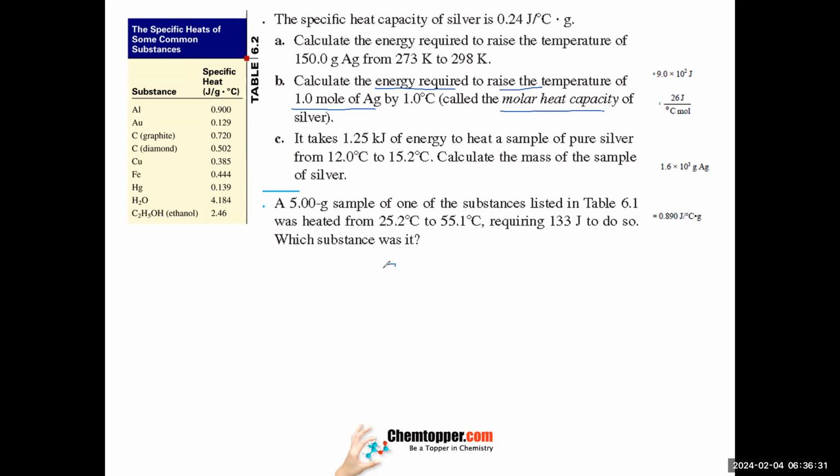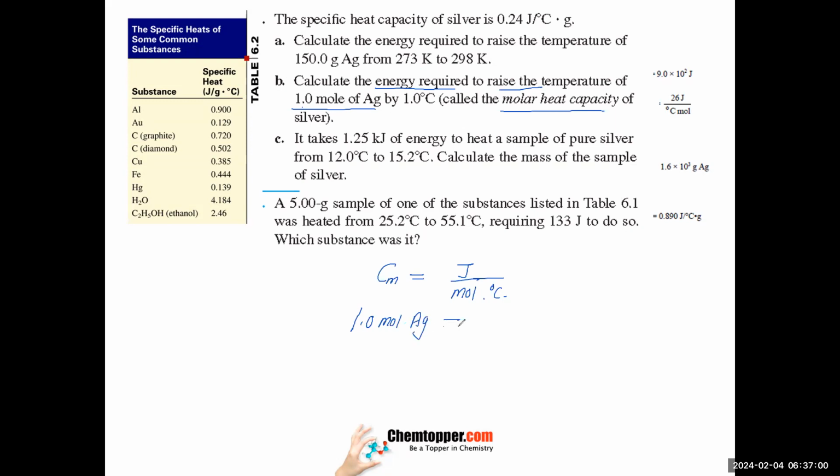And the molar heat capacity, which generally in the books is written as Cm, is actually joules per mole degree Celsius. Now, how much heat is needed to raise the temperature of 1 mole? So, do you know how much mass is there in 1 mole of silver?